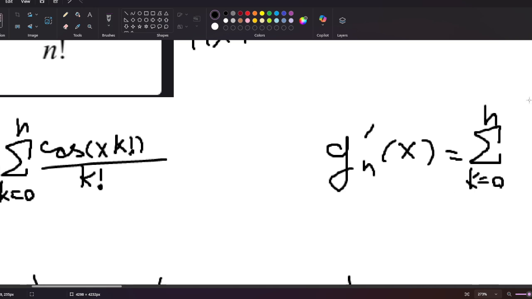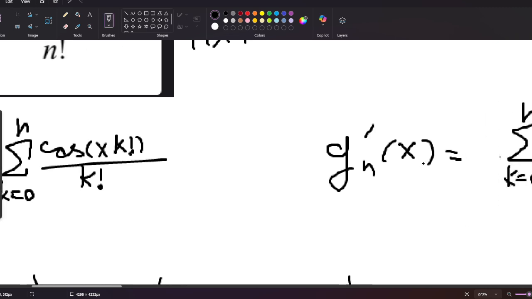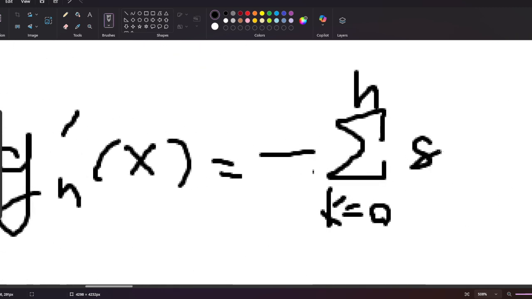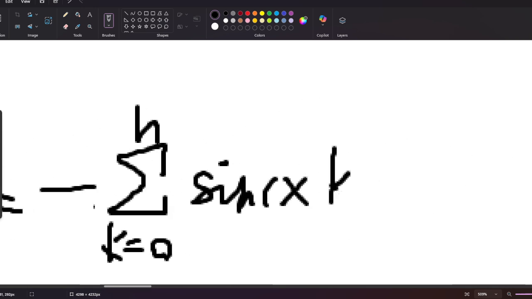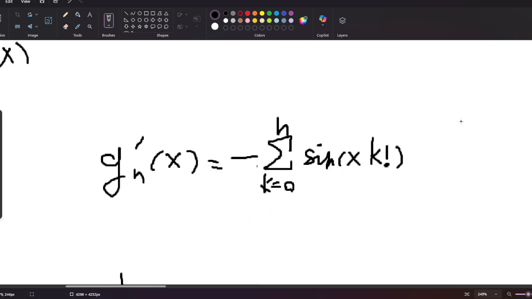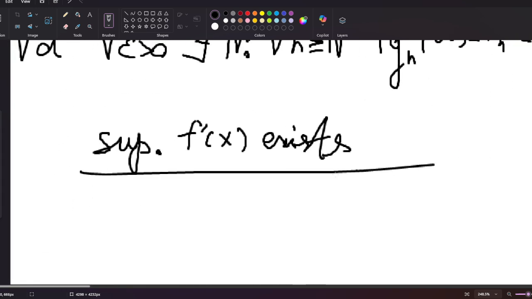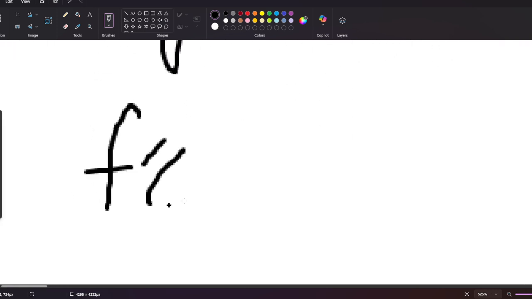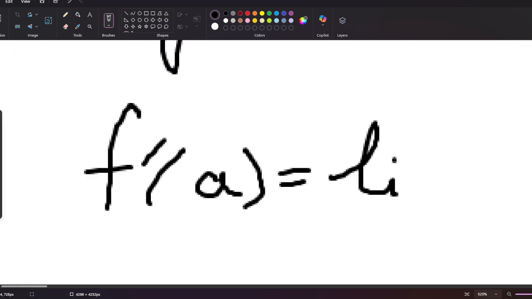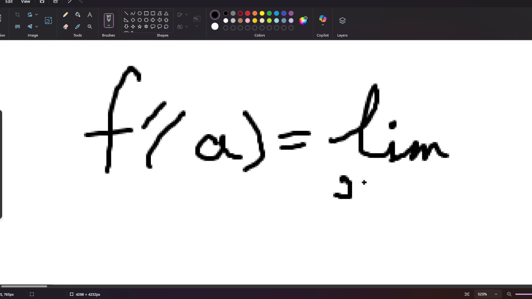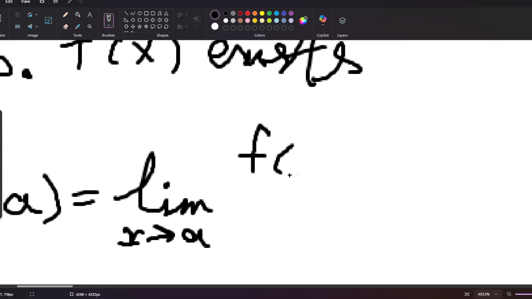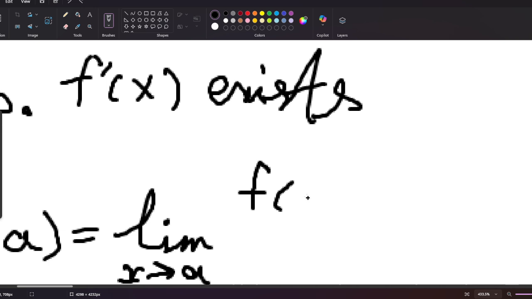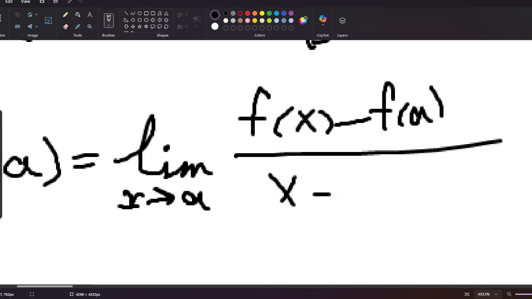So what we're going to get is minus the sum of sine of x k factorial. Now we look into f prime of a, it's going to be the limit as x approaches a of f of x minus f of a over x minus a.